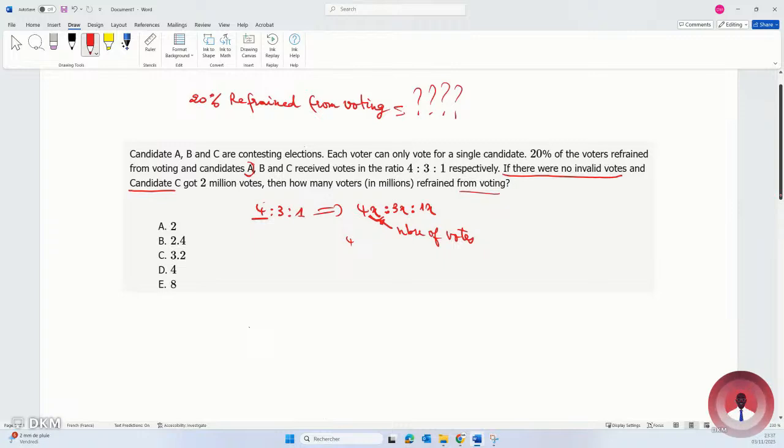The voters that refrained from voting represent 20% of the total number of people that were supposed to vote. So we have 20% that refrained plus 80% actually voted.